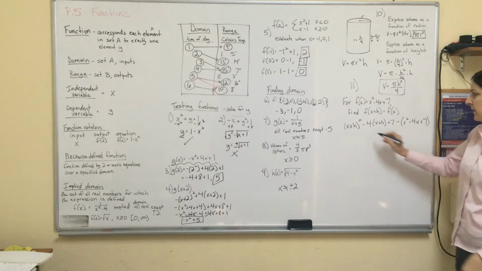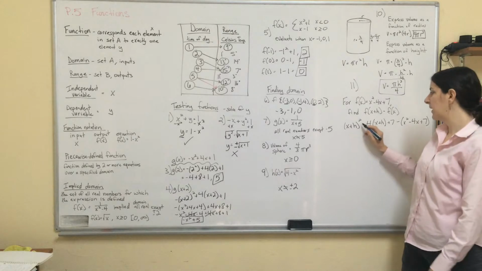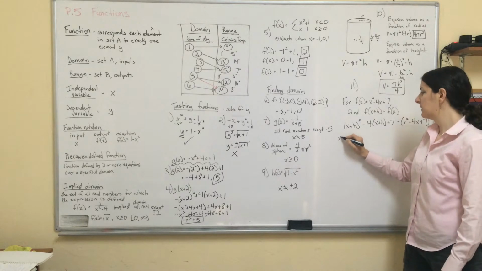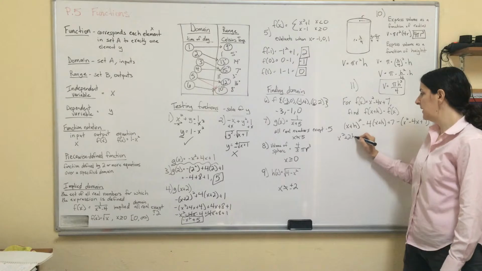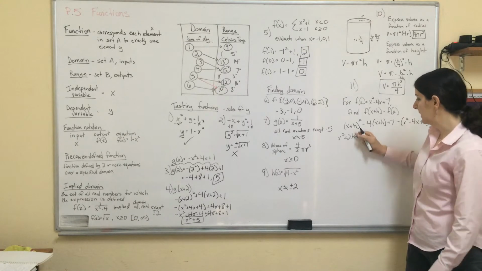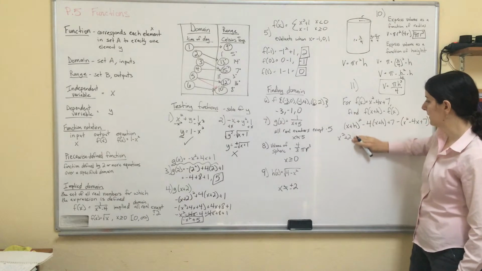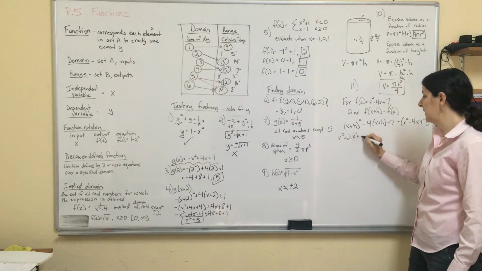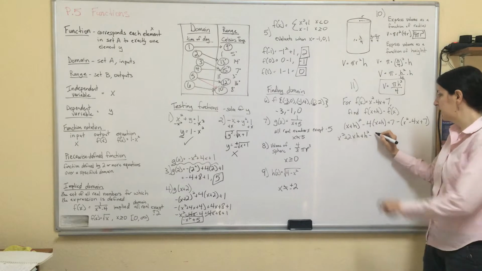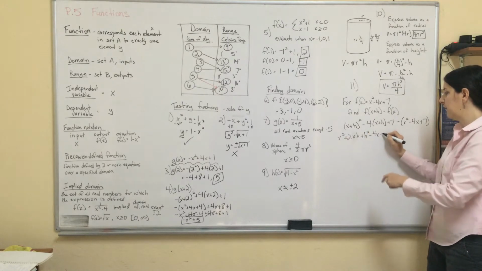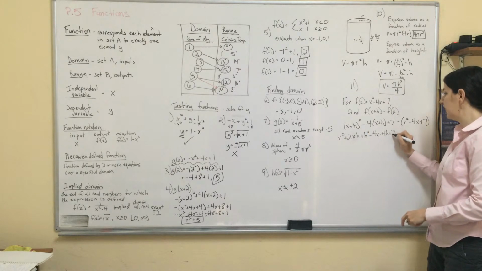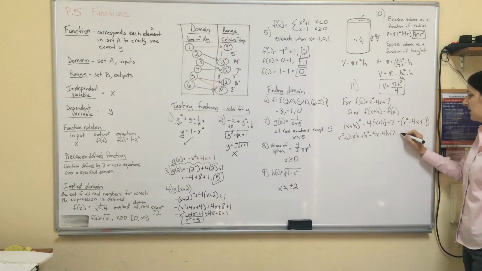Okay, so I know this is going to look a little bit nasty, but we've got to multiply this out. x squared plus 2xh plus h squared minus 4x minus 4h plus 7. And then this minus is going to change all my signs.